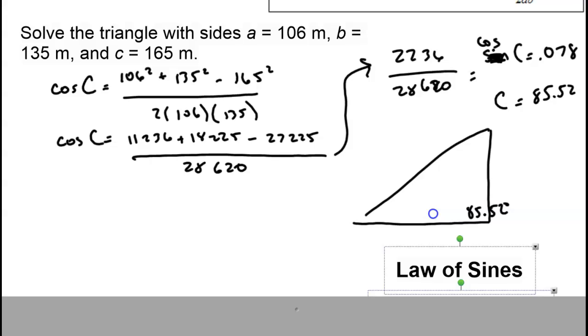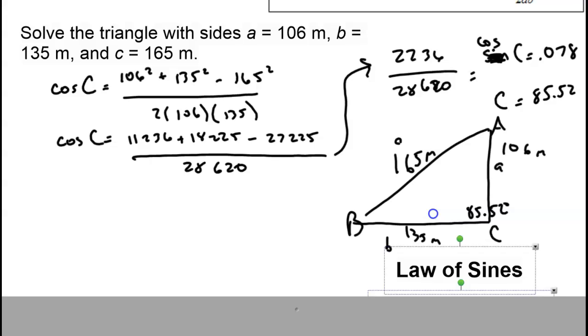And that is angle C, and side C, which is our longest, is 165 meters, and side B, which we'll call this B, this is little c, this is B, is 135 meters. And I hope you guys draw triangles too to help you out. If that helps, that's the reason why I'm doing this. 106 meters.